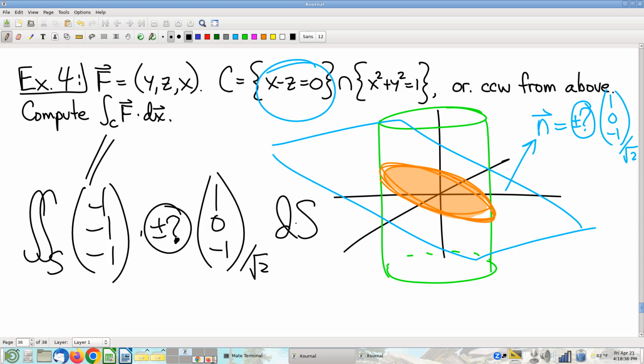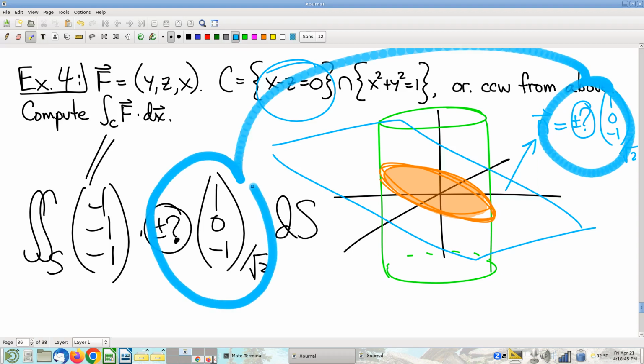Here's what Stokes' theorem would say. With our normal vector known, and with curl also known, this dot product is just 0. You get lucky sometimes, right?